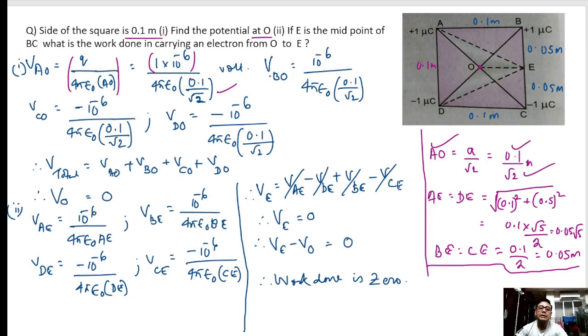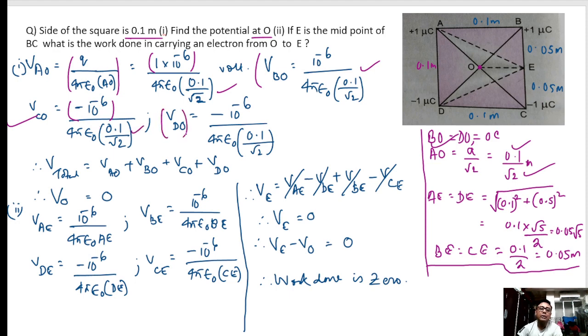Similarly, due to B at O will be this. AO and BO are same. DO is same. OC is also same. Okay. So due to C at O, the charge is given 10 to the power minus 6 and distance is this.